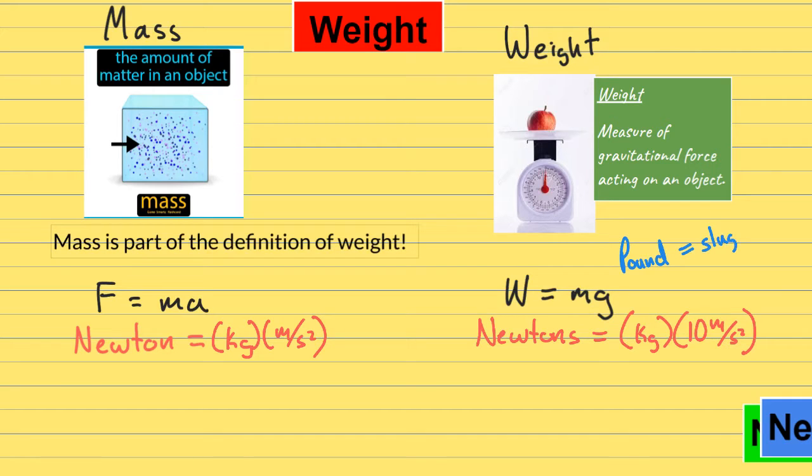A slug is the unit of mass times 32 feet per second squared, which is the acceleration of gravity in feet per second squared. So that's what a pound actually is. It is also a unit of force, and we don't usually think much about mass because we don't need to. But when we start to apply Newton's laws, we really have to make a distinction between those two things.